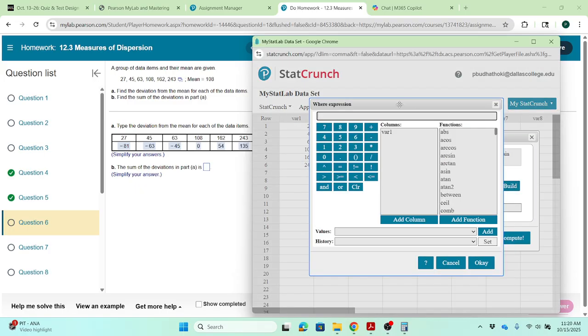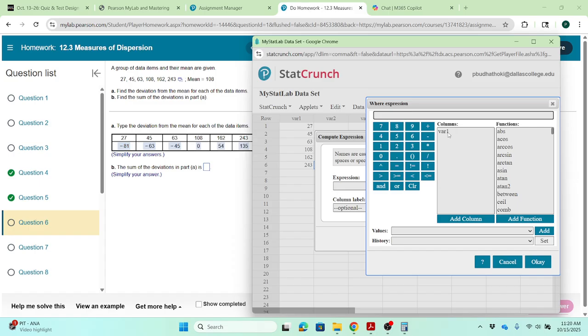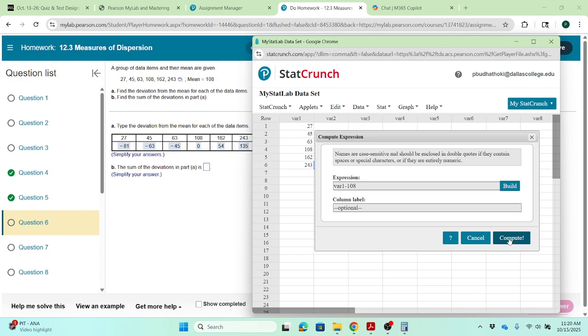Select the variable from this column, Var1. So add the column. This is going to take the data from here minus 108. That's what we would like to subtract. Click OK and then Compute.